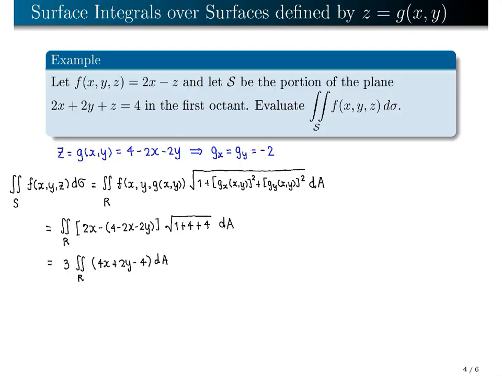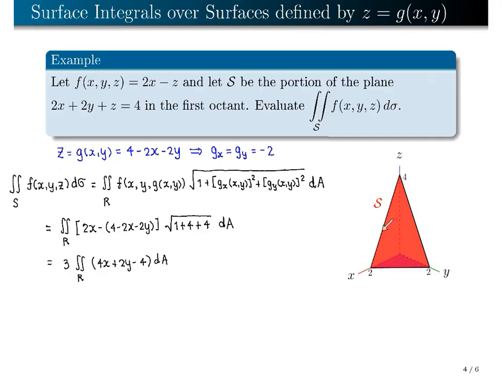Recall that in our example, surface S is the portion of the plane in the first octant with x-intercept 2 obtained by setting y and z to 0, similarly with y-intercept 2 and with z-intercept 4. From these intercepts, it is easy to draw surface S, which we show in red in this figure.